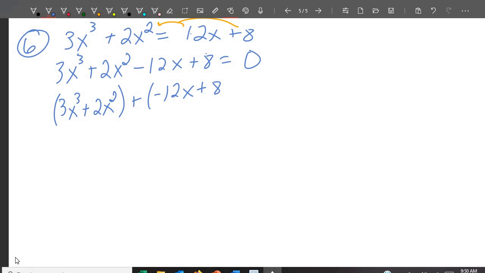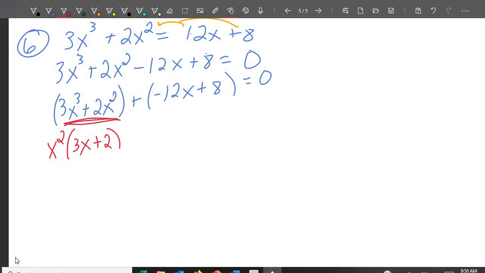Again, it's just like the other one. We're going to be able to factor out a negative GCF on the second parentheses, but the first one, we're going to factor out an x squared, and we're left with 3x plus 2. Now this one, we got to figure out what they have in common.